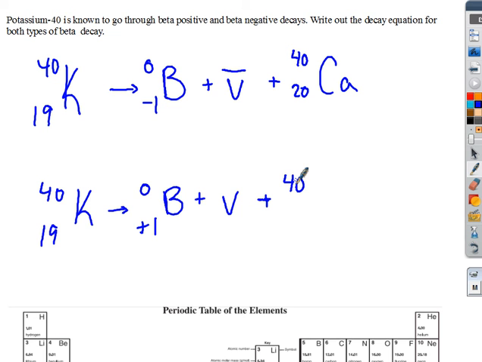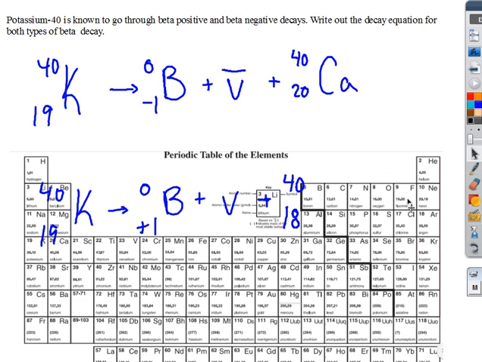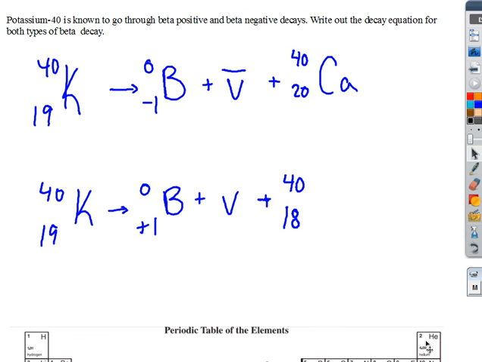And now in this situation, I have 18, because my charge needs to be conserved as well. So I have 18 protons. So my charge is also conserved. And then I can look at my periodic table. 18 is argon.